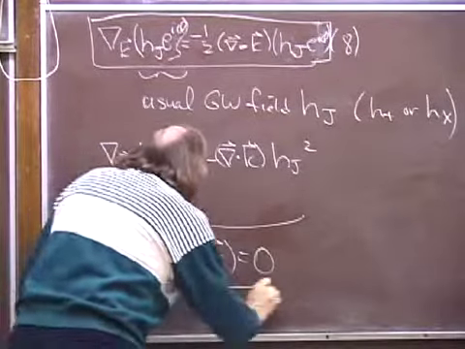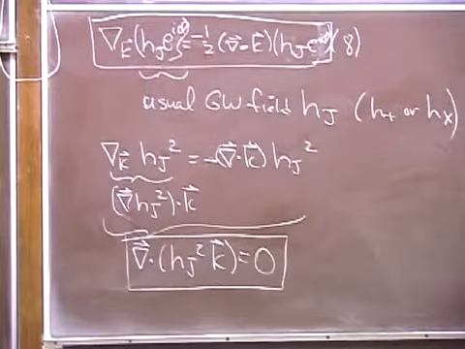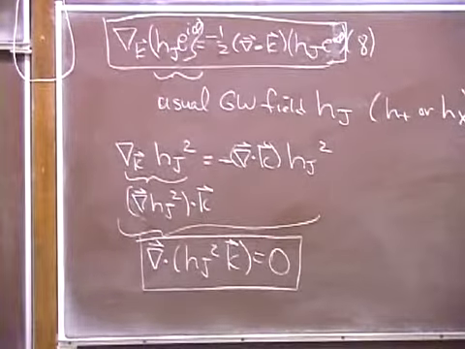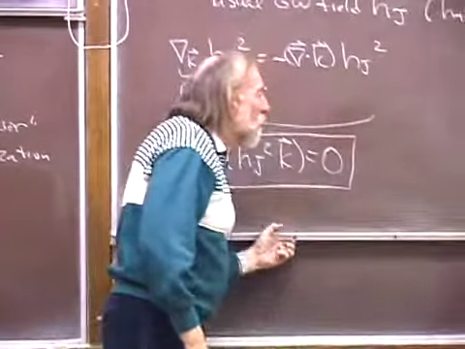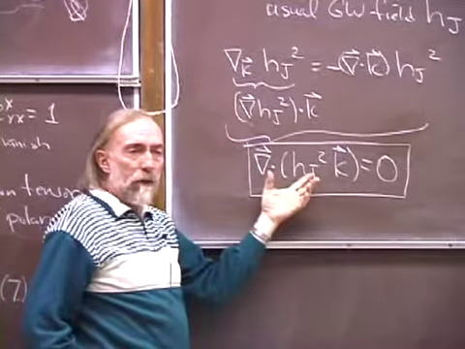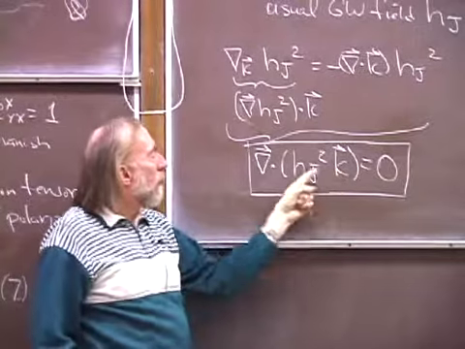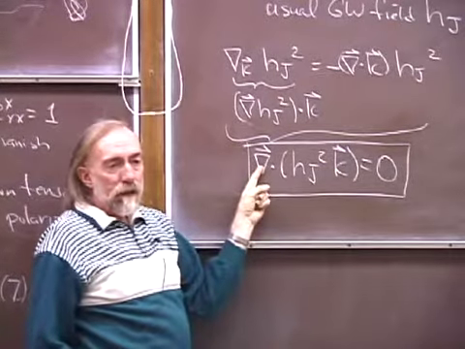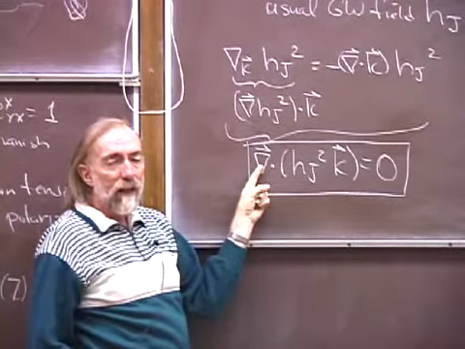And this is the form of the propagation law that I really want to use. And so that says that from the gravitational wave field for the plus polarization or for the cross polarization, you can build a quantity that is divergence-free in space-time.